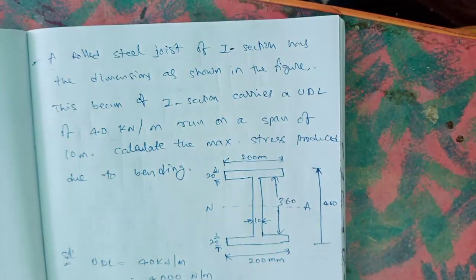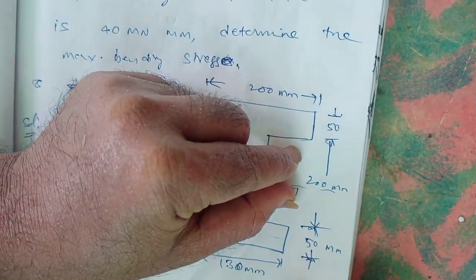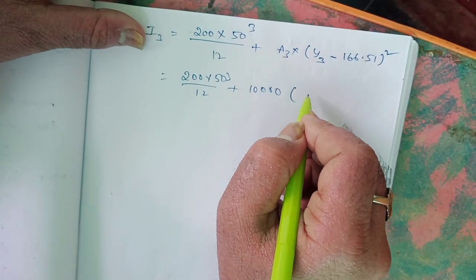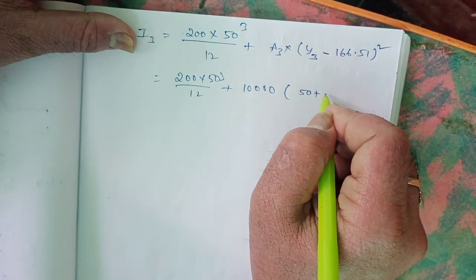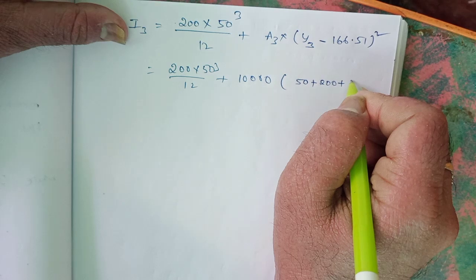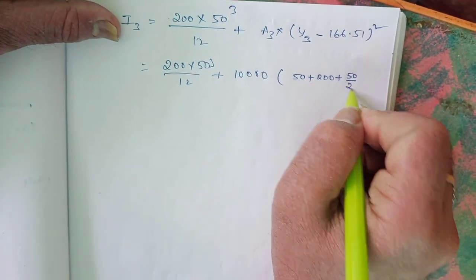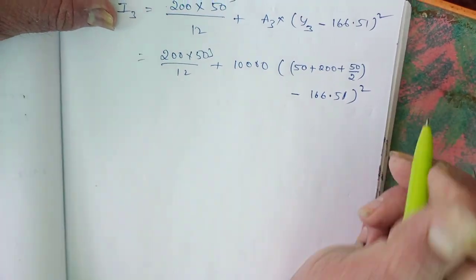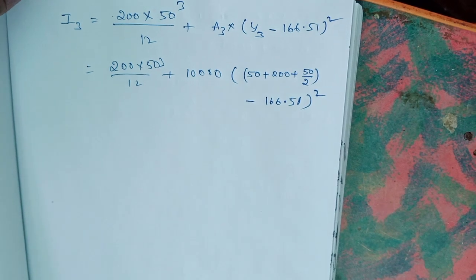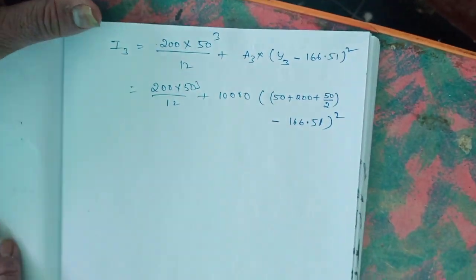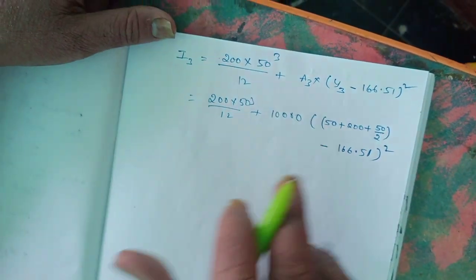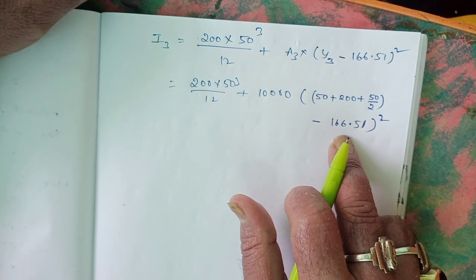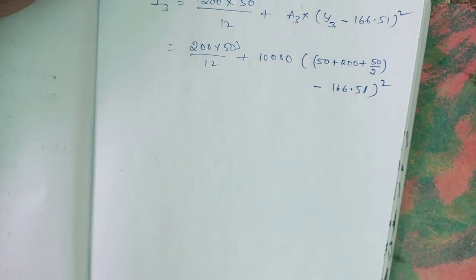Y3 is bottom flange height 50 plus web width 200 plus half the top flange height, 25. So we will not consider it in negative; the Y3 value is higher than the CG.